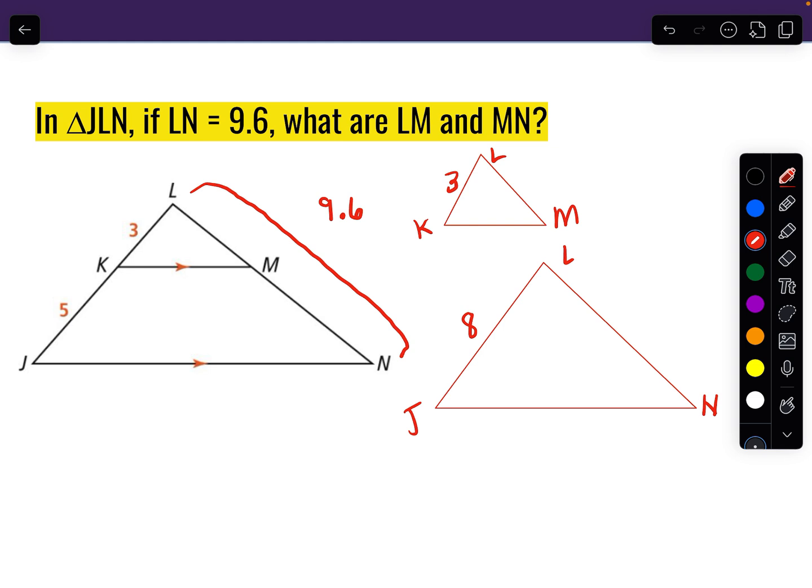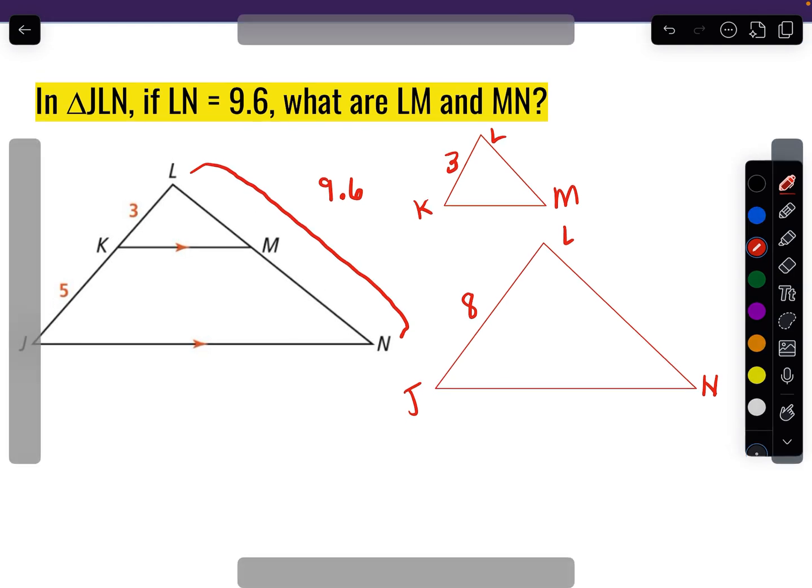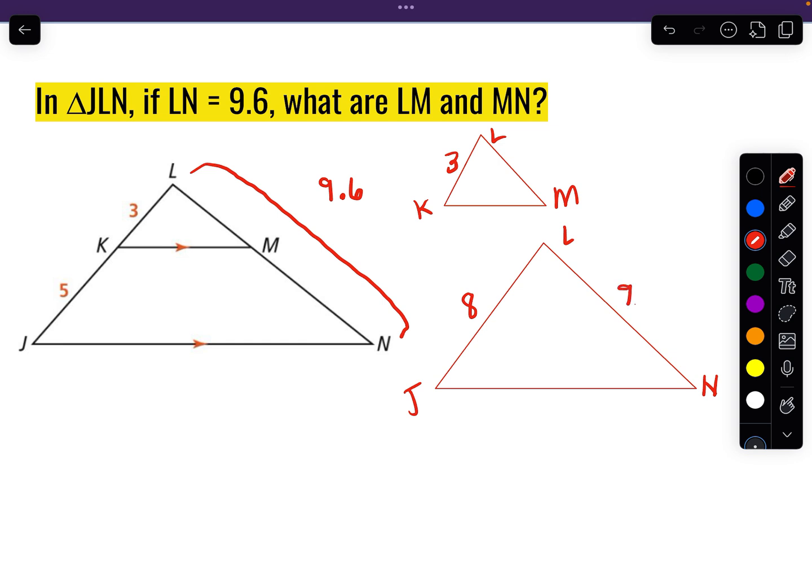And we also know that LN is 9.6. So we're going to find LM there. So I can do 3 over 8 equals x over 9.6. Solving this proportion, 8 times x is 8x. 3 times 9.6 is 28.8.